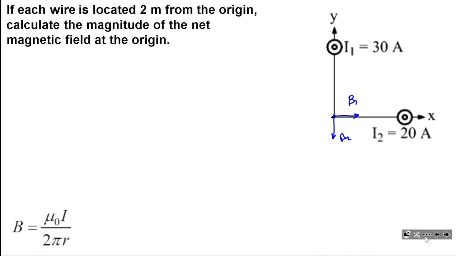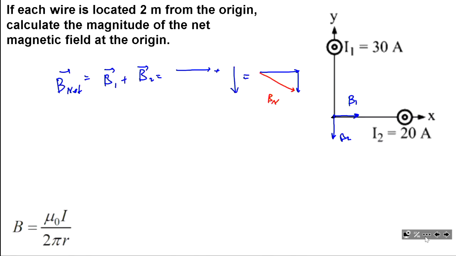Now we can see what's going on. If we have to calculate the net magnetic field, we have to add them together as vectors. So this arrow plus this arrow, or together, this red arrow will represent the net magnetic field now.